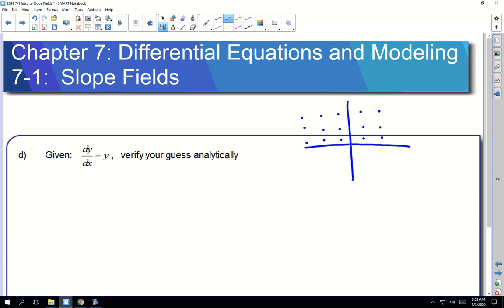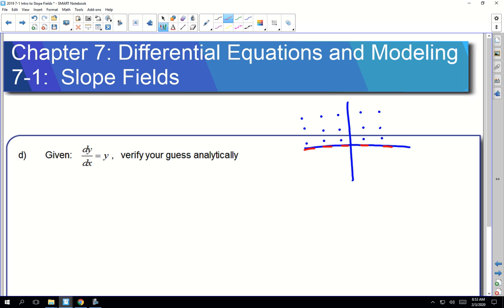So this time when I'm plugging in values, it's going to be the same horizontally. If I plug in 0 for y, I get a bunch of horizontal lines right here.